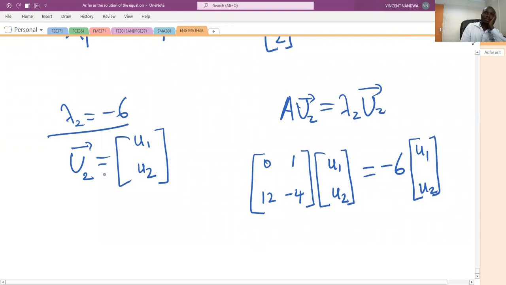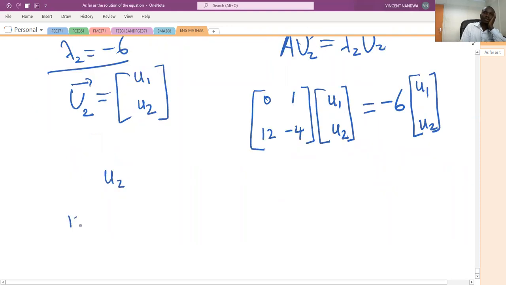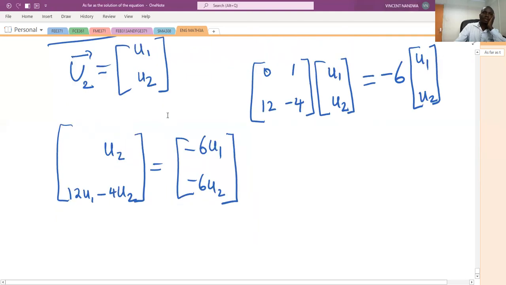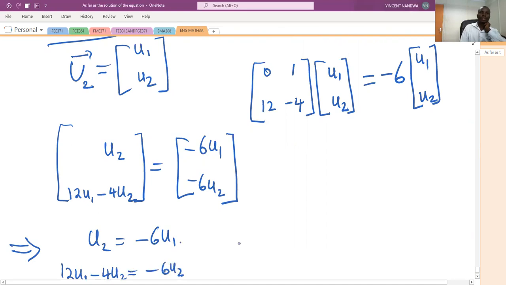So we'll have U2 and then 12 U1 minus 4 U2 given by minus 6 U1 and minus 6 U2. The only way this equality can make sense is when U2 is minus 6 U1 and 12 U1 minus 4 U2 is minus 6 U2. This is equation 1, this is equation 2.